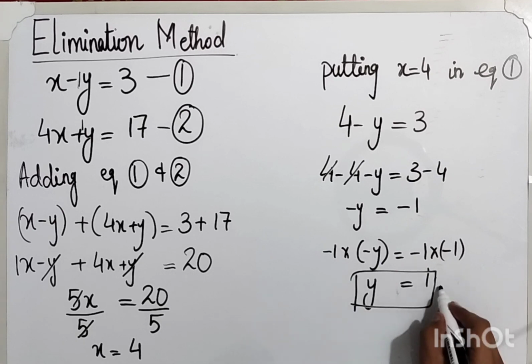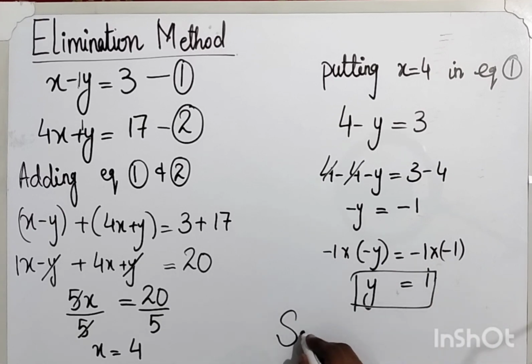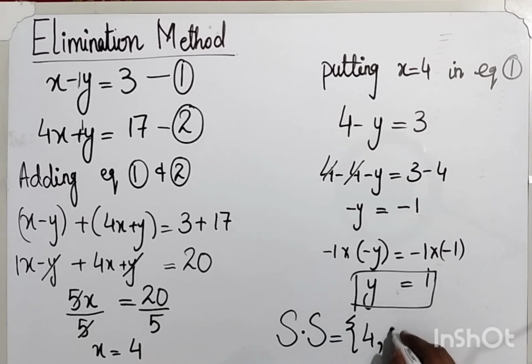So the value of x is 4 and the value of y is 1, which gives us the solution set of the two simultaneous equations.